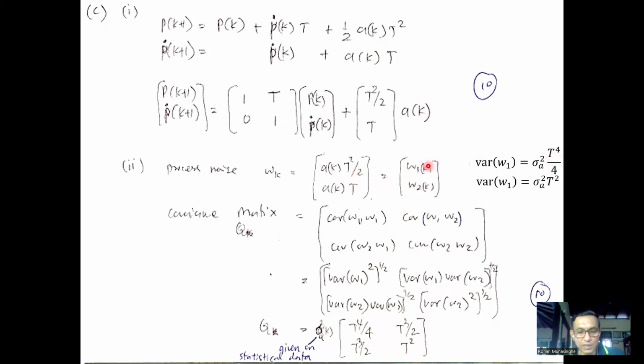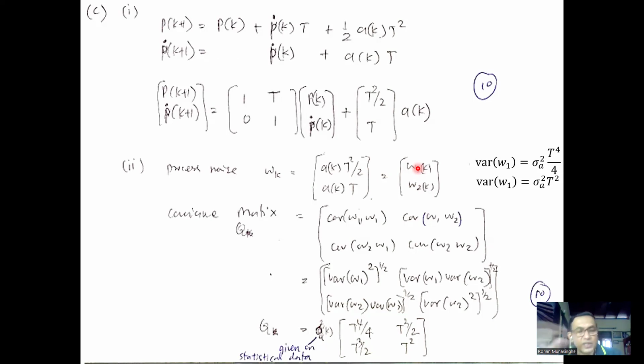In the example, it is given that the process noise is related to acceleration, random acceleration. And this random acceleration has its standard deviation or variance. It's a known value. It is given in the example.